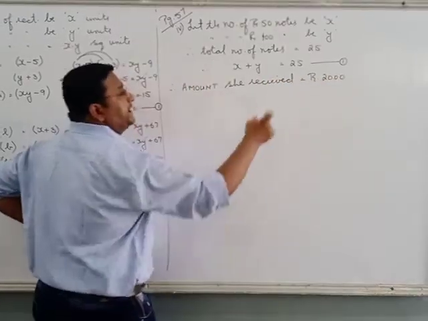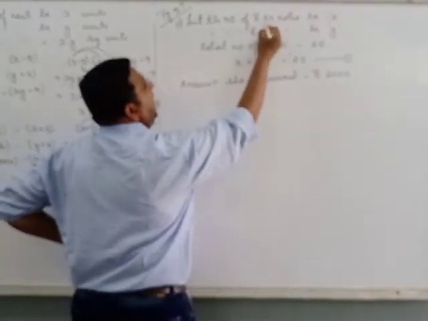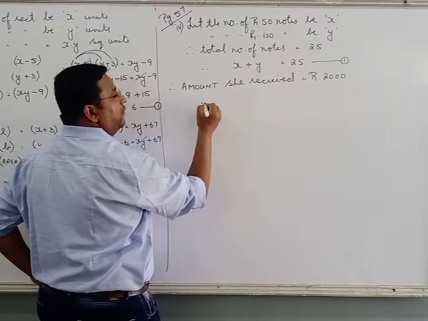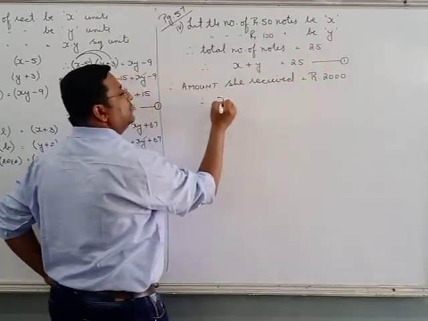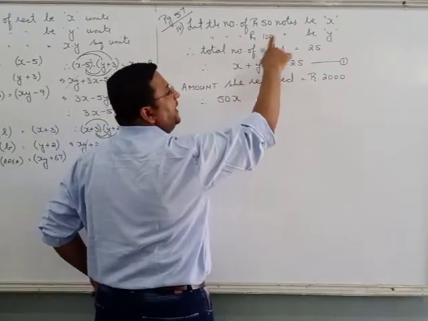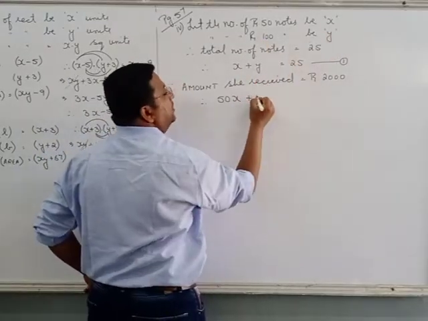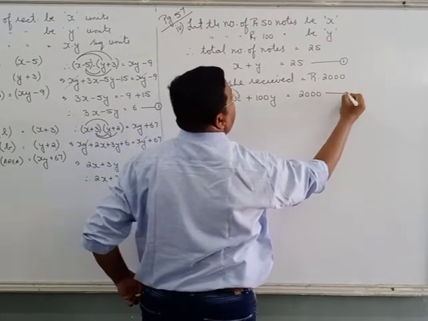Yes or no? And this 2000 rupees she got in the denomination of 100 and 50. So the number of 50 notes is X, so the value is 50 into X. The number of 100 rupee notes is Y, so the value is 100Y. The total amount is 2000.